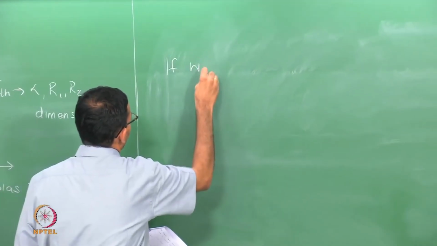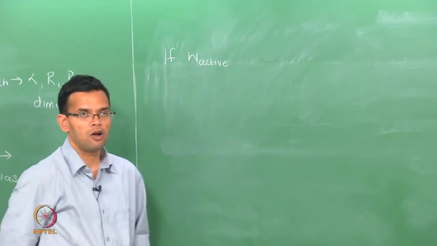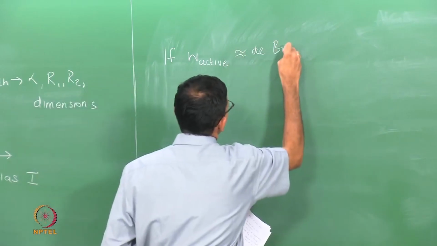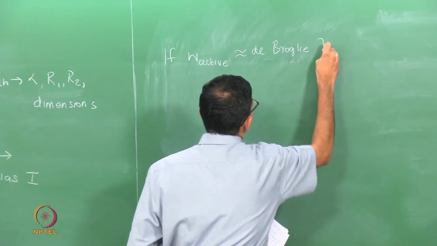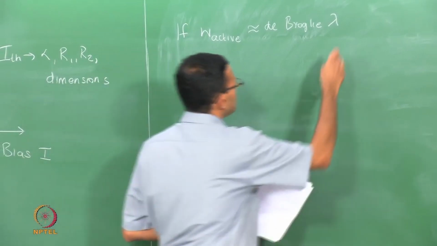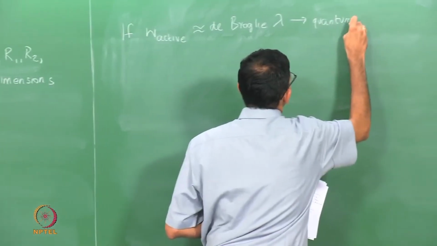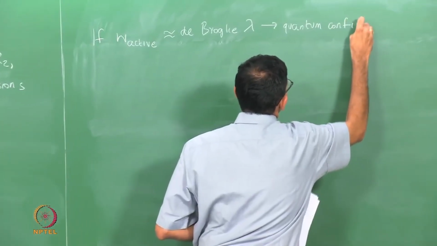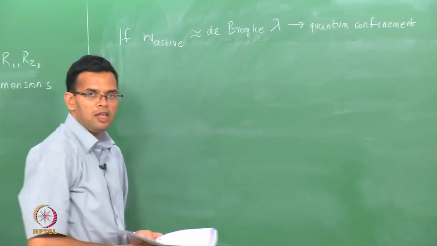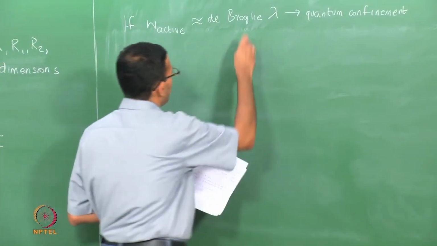If the width of the active region is comparable to the de Broglie wavelength, in that particular case, you can get quantum confinement within the active region.